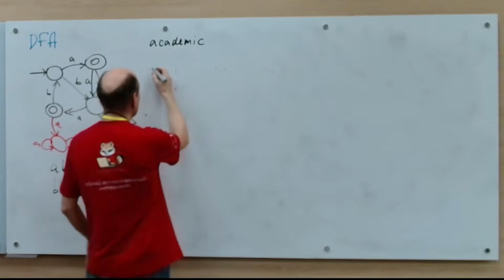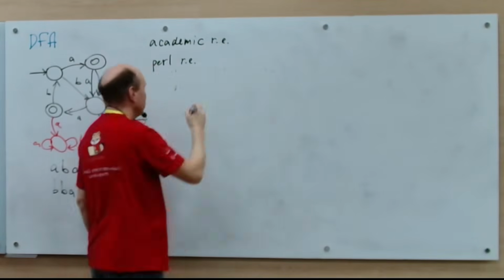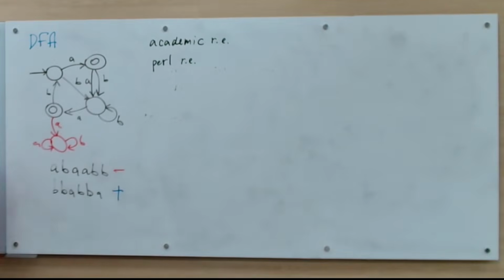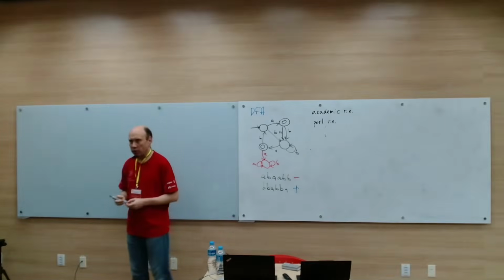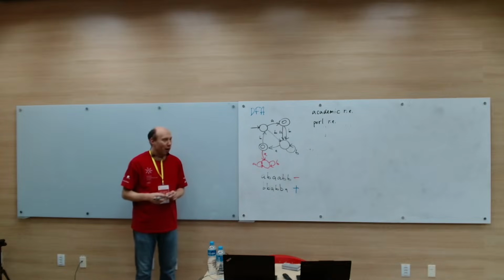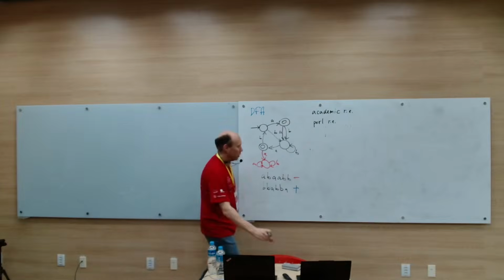Let's call them Perl, because they first appeared, maybe not first, but widely appeared in the programming language Perl. You know this language? I guess you know. So, we will work with academic regular expressions.